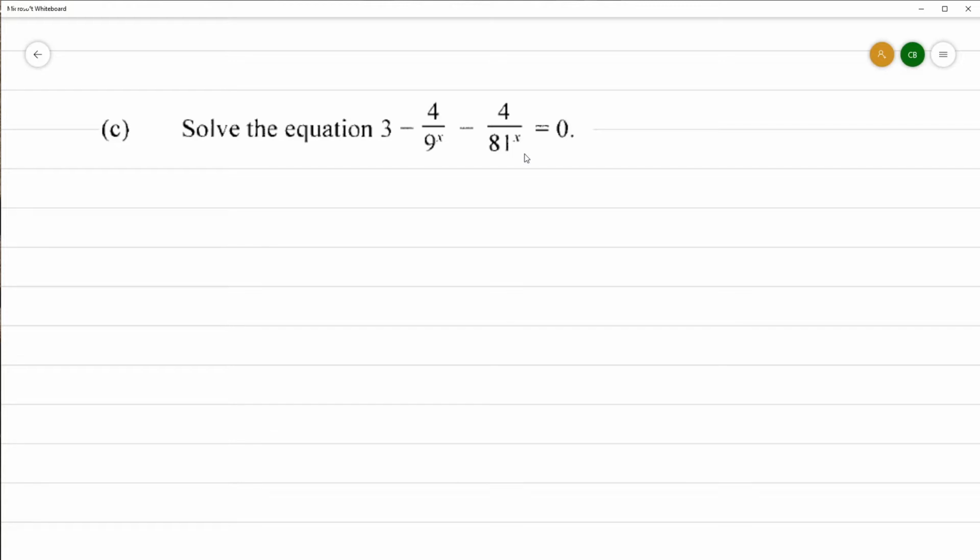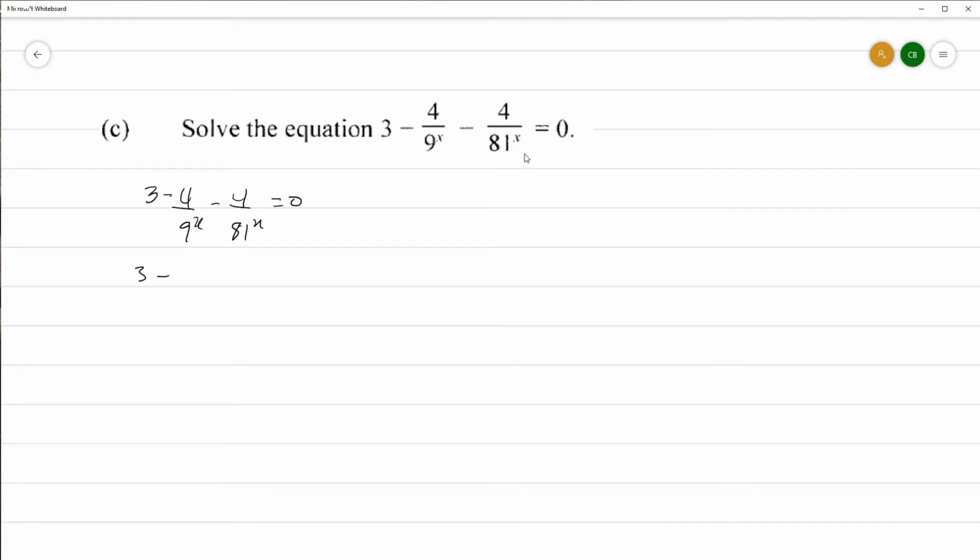So if I rewrite, well, we start off with the equation. So we have 3 minus 4 over 9 to the x minus 4 over 81 to the x is 0.